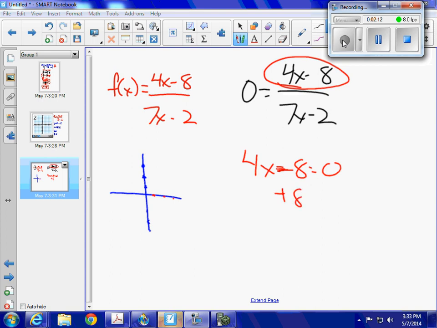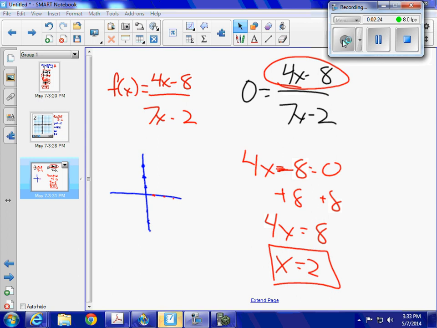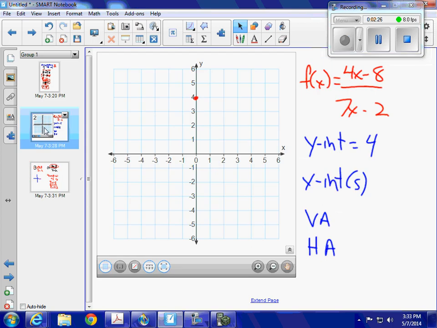I'll add 8 to both sides. I have 4x equals 8. I have x is equal to 2. So I have an x-intercept at 2, 0. So 2, 0 is my x-intercept. Now I need to find my vertical asymptote.